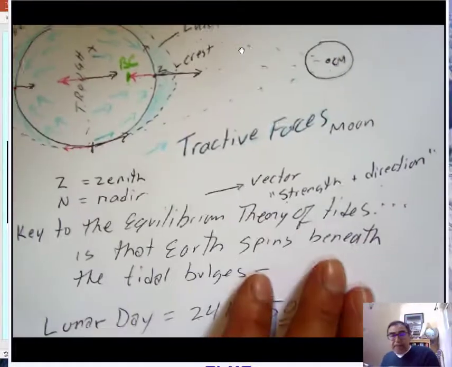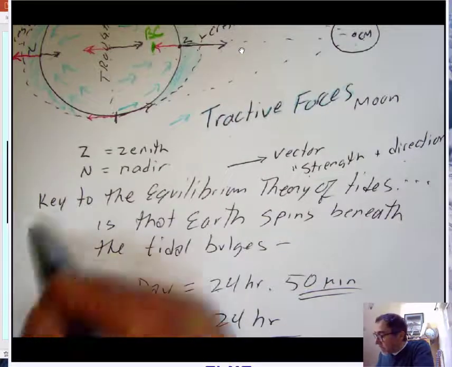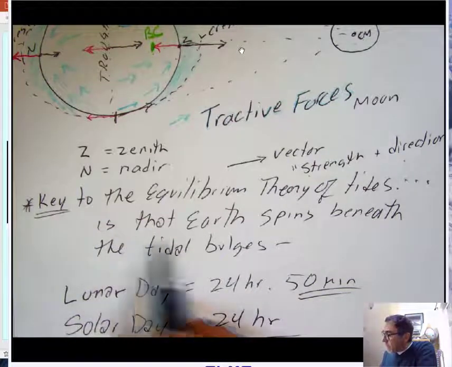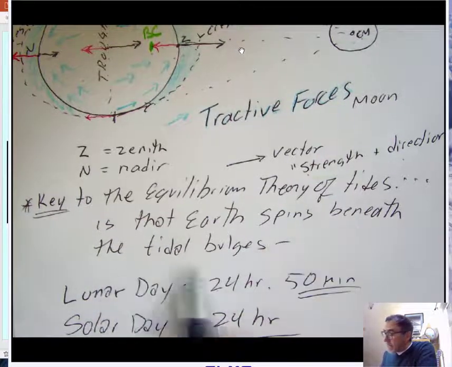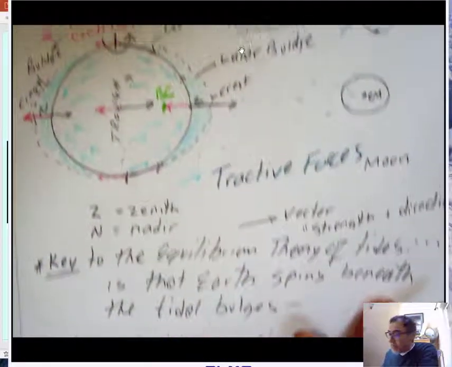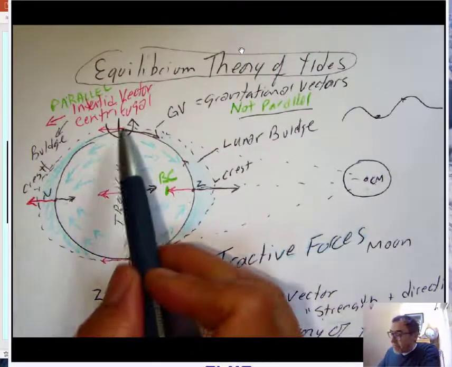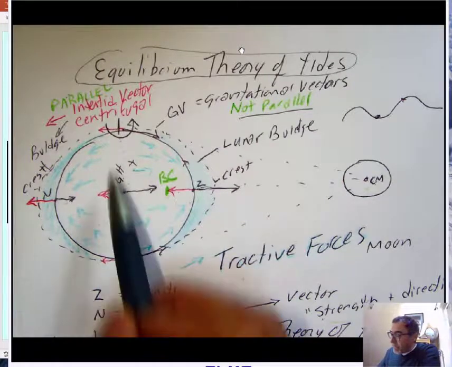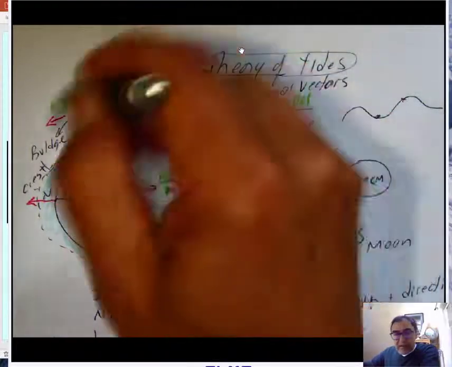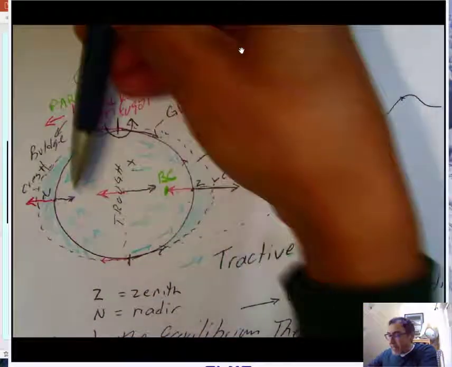Because really the key, and I wrote it down here, the key to the equilibrium theory of tides is that Earth spins beneath the tidal bulges. So in other words, here I have Earth's axis, North Pole, South Pole, and you can see it's going to have an eastward rotation. So Earth is spinning eastward around this axis.